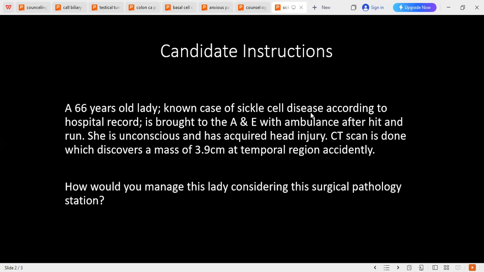Please tell me, this sickle cell disease, what type of disease or illness is that? Sickle cell disease is basically a common hereditary hemoglobinopathy, an autosomal recessive disorder.